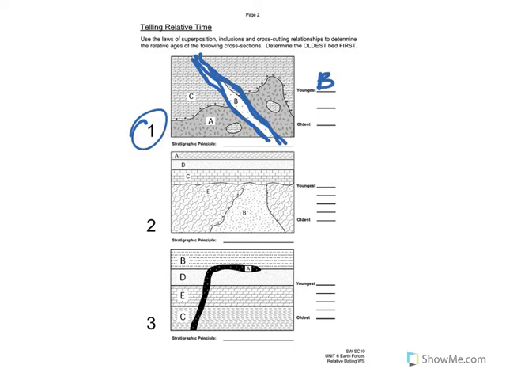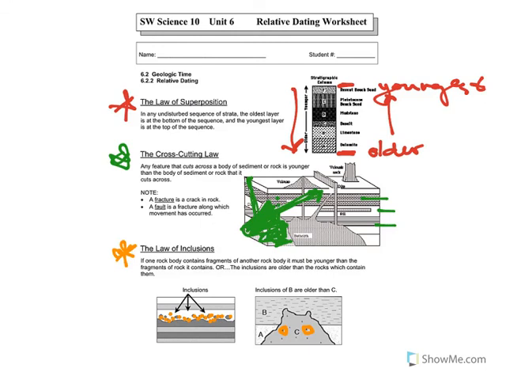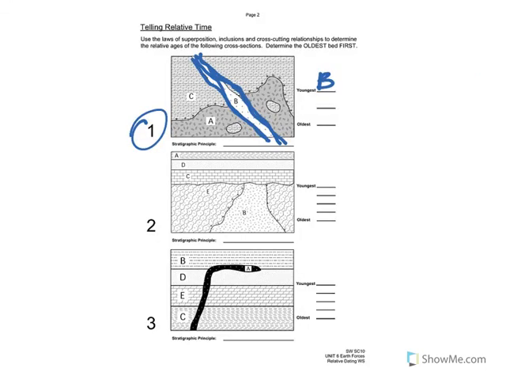If it is cutting through a layer, we know that those other layers are already established. So we're applying the law of cross-cutting to conclude that layer B is the youngest. That one's the most important.